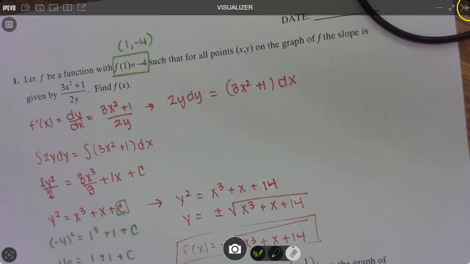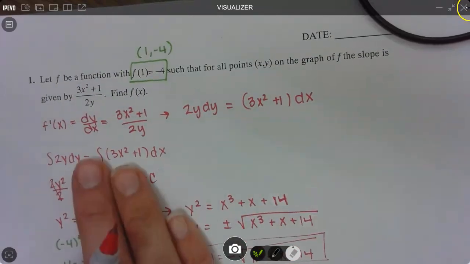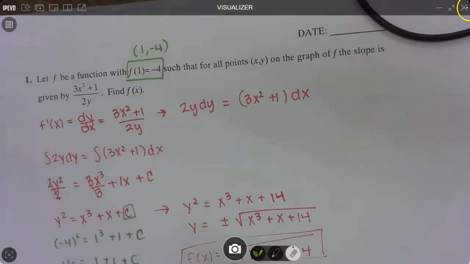I could use this same problem to find the equation of the tangent line.